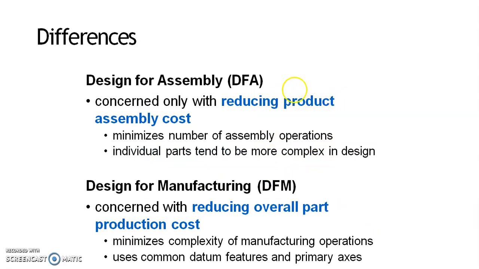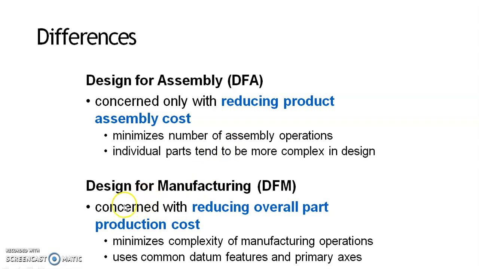So what are the differences between these two? Differences between design for assembly and design for manufacturing. DFA is concerned only with reducing product assembly cost. It also minimizes the number of assembly operations. The next difference is that individual parts tend to be more complex in design. So these are the important highlights or key points of design for assembly when we compare it with DFM.